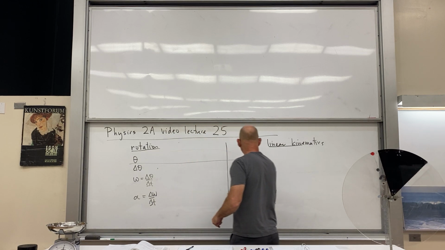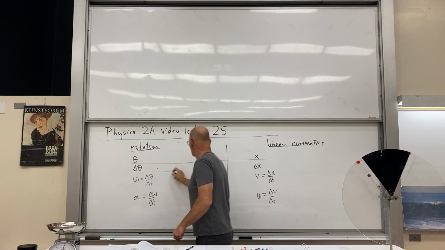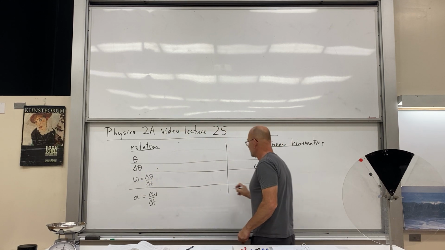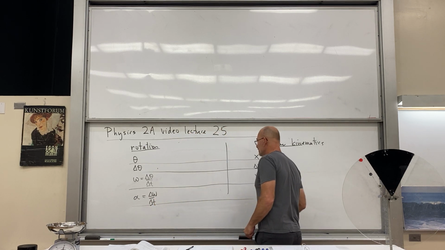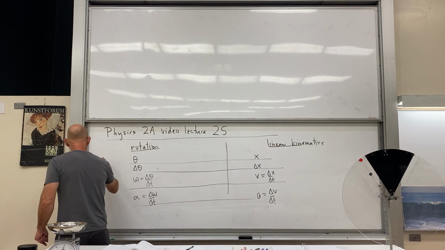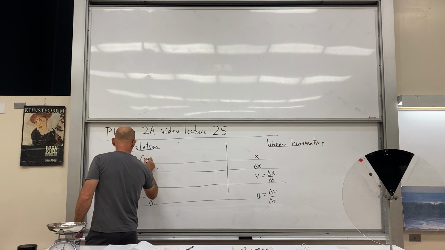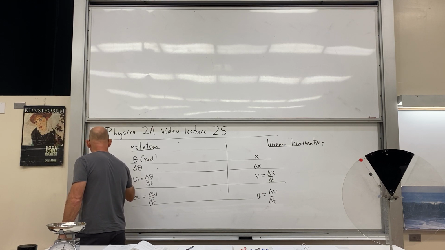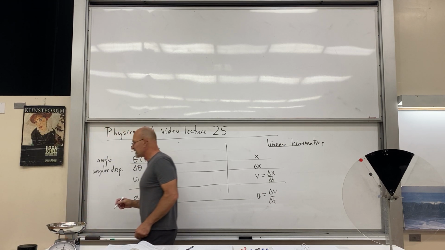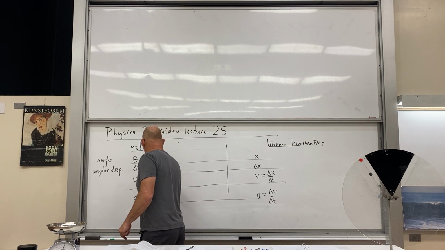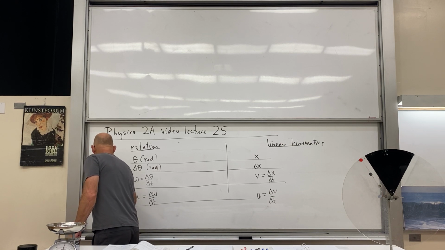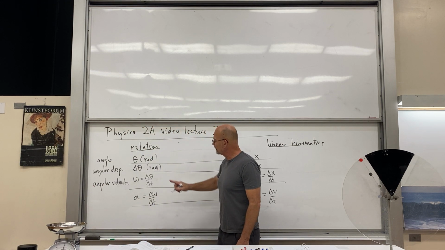And I'm just going to continue. So what we had here was the angle, and theta is measured in radians. We had the angular displacement, and that is also in radians. We had the angular velocity. I have to get used to writing omega.